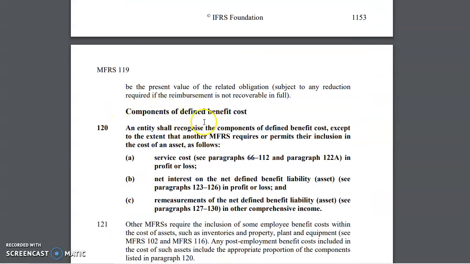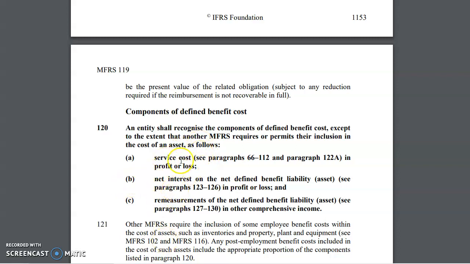So the item that will be shown in statement of P&L is called defined benefit cost. So defined benefit cost shall be recognized, except to the extent that another MFRS requires or permits their inclusion in the cost of an asset, as follows.